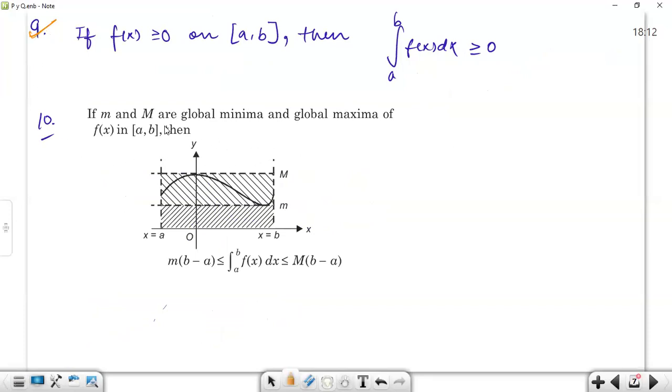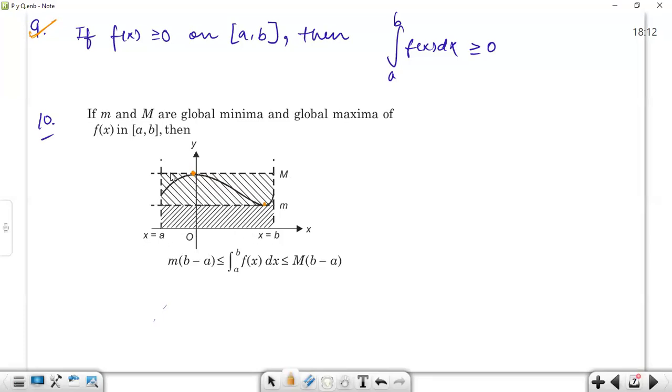Next and last property says that if m is the global minimum and M is the global maximum of the function in A, B, then this is the point at which the maximum occurs, and this is the point at which the minimum occurs.